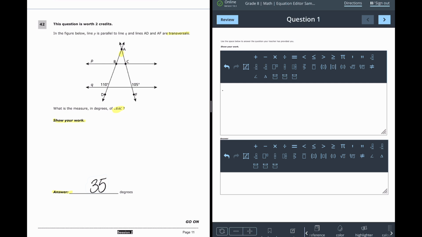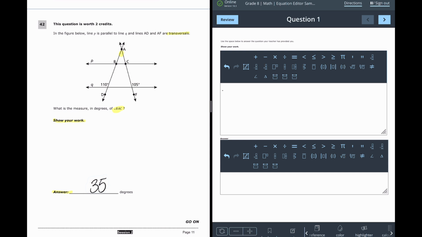Okay, so how can we figure out what this angle is? Well, I notice that this makes a big triangle. And there's some kids who would see this little triangle, and there's some kids that will see a bigger triangle here. Either one will honestly work, and I could actually show you why on both of them. But let's start with the big triangle first.